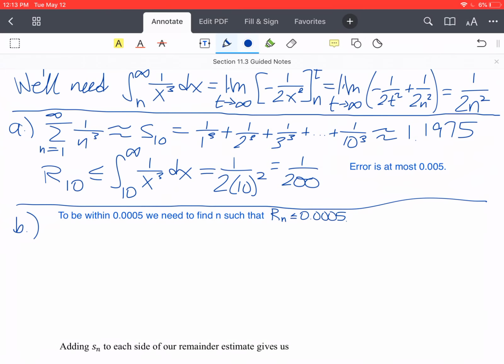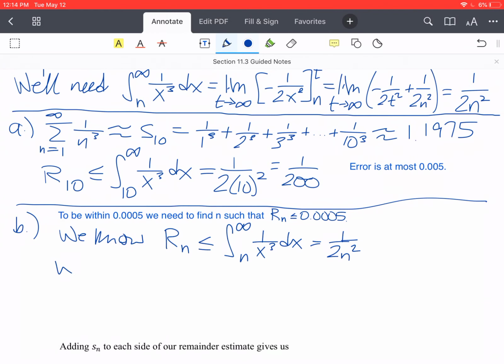So we know that the remainder is less than or equal to the integral from n to infinity of 1 over x cubed dx, which is 1 over 2n squared. So that's what we know.